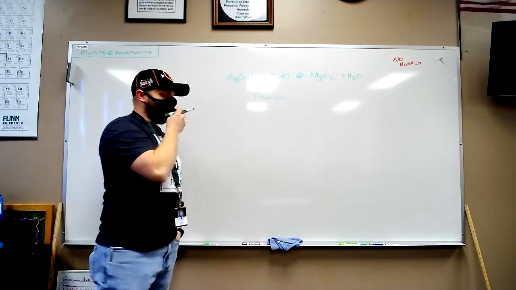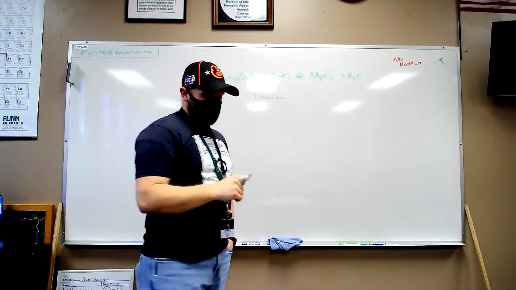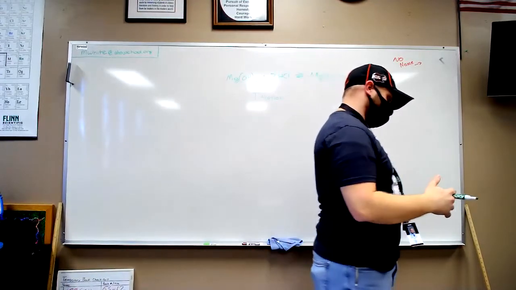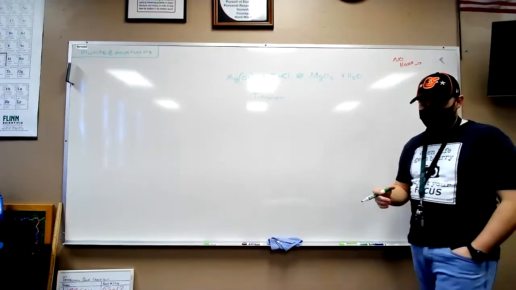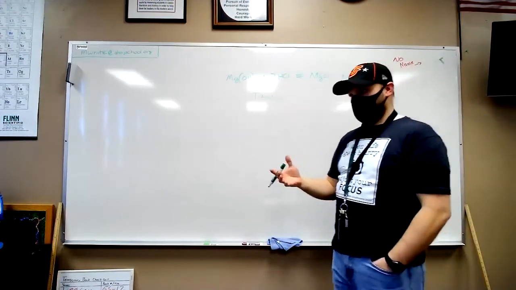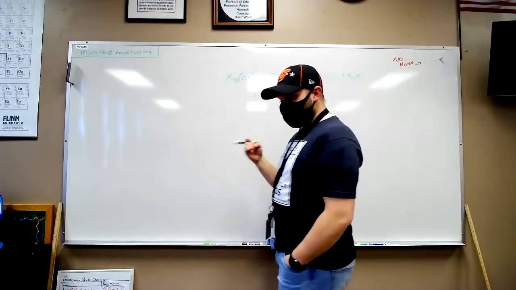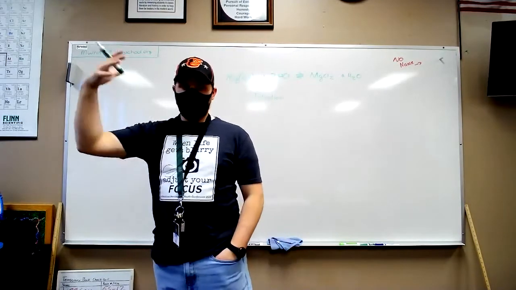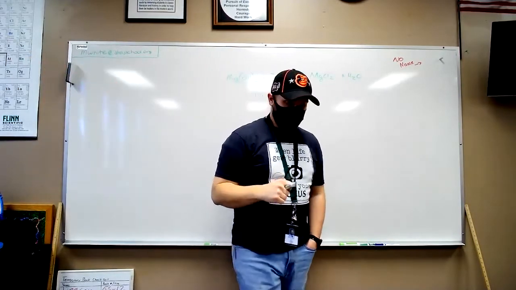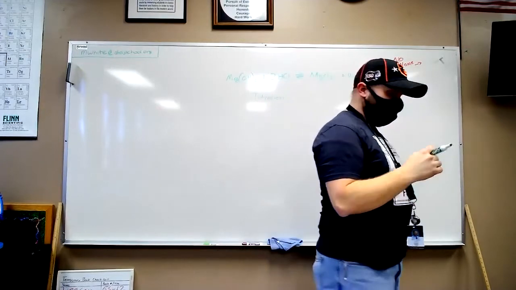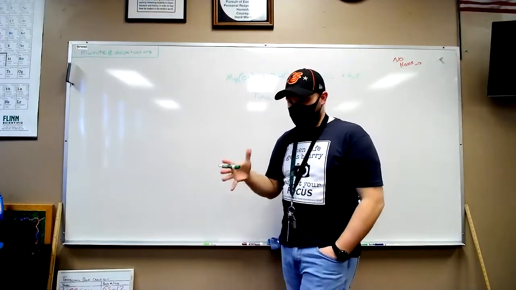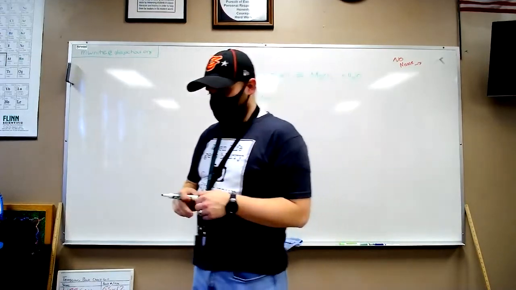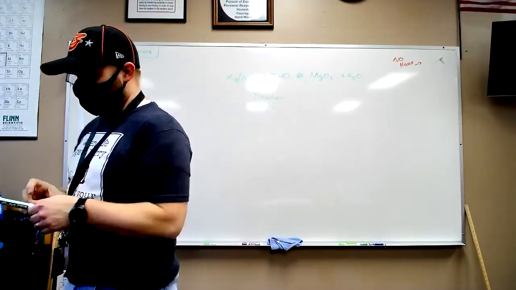A titration allows us to figure out the concentration of either an acid or a base if we know the concentration of the other one. And we're going to go through exactly how that works. We're going to show you the tools and how we do titrations.